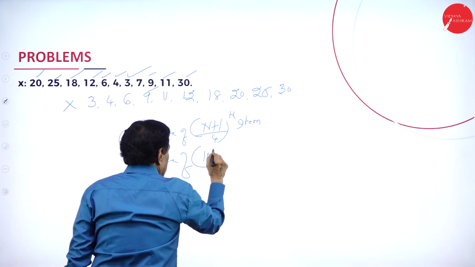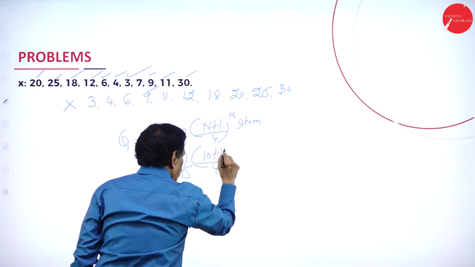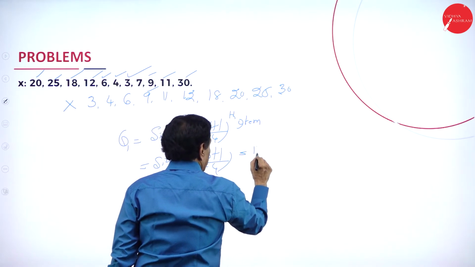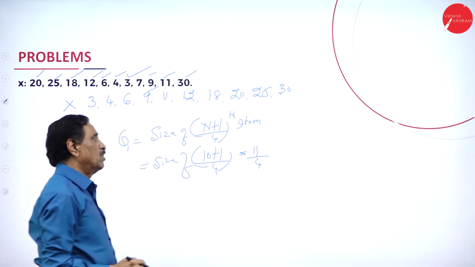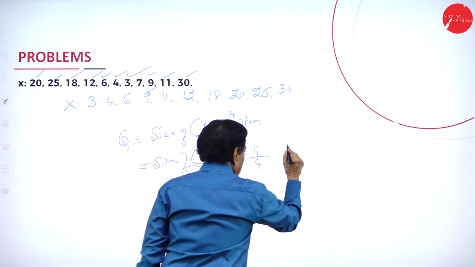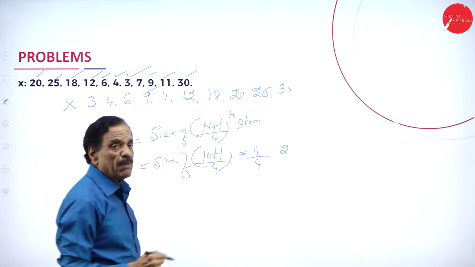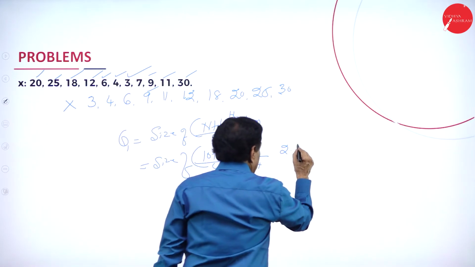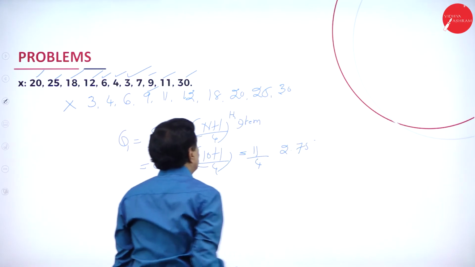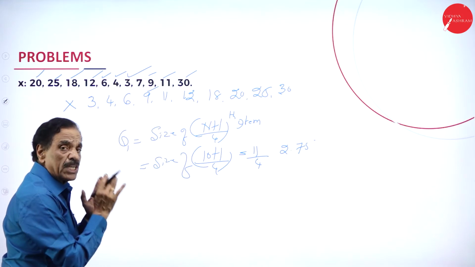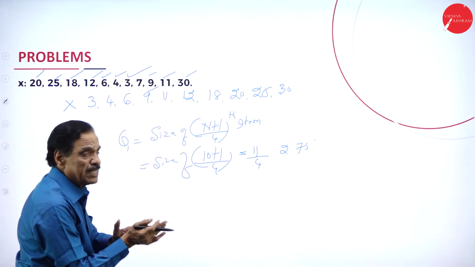So it is (10 plus 1) divided by 4. This is 11 by 4. So 4 2s are 8, 3 remaining. 4 7s are 28. 2.75. So it lies between the second number and the third number.